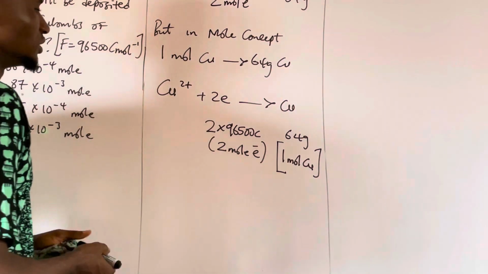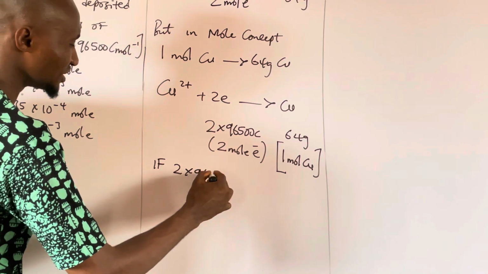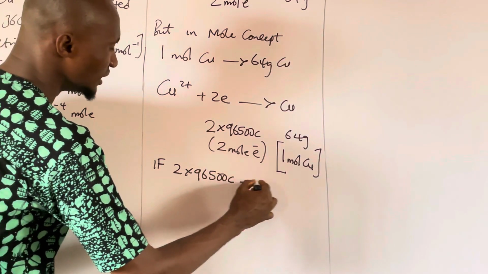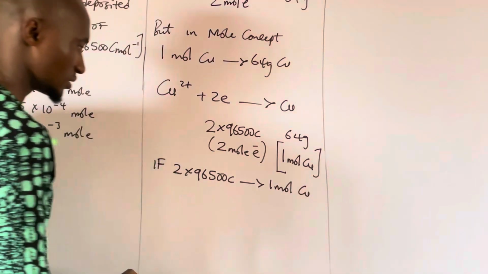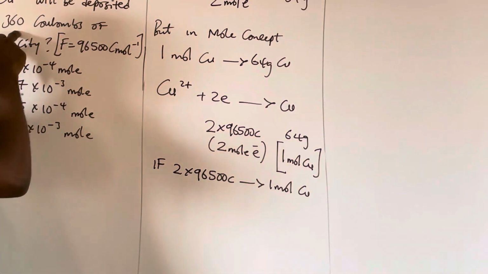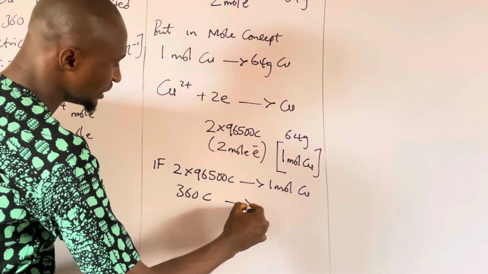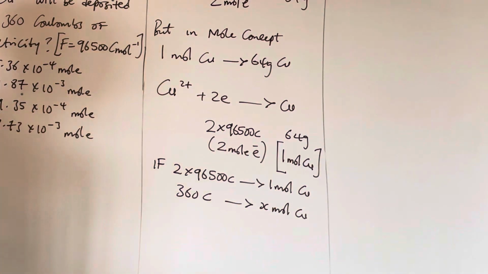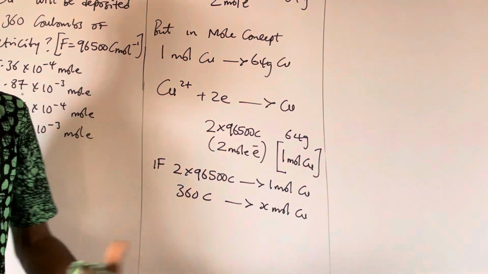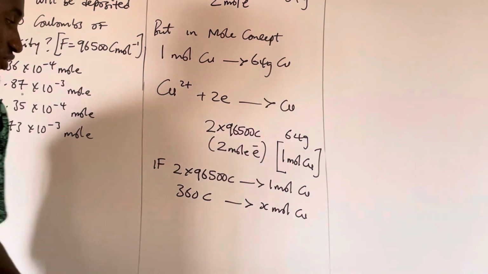So we say if 2 times 96,500 coulombs gives 1 mole of copper, 360 coulombs will give X mole of copper. How many moles of copper will 360 coulombs give us?